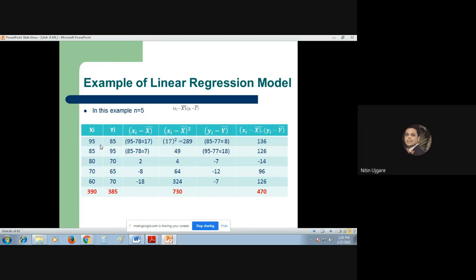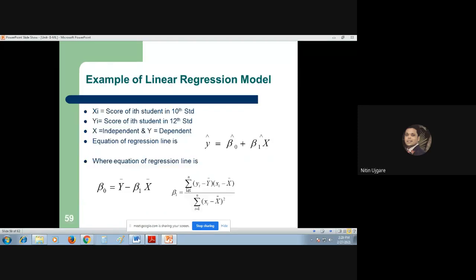Again, 85 minus 78 is 7. Similarly we get 2, minus 8, minus 18. Once you get these values, take the square of each: 17 squared is 289, 7 squared is 49, 2 squared is 4, minus 8 squared is 64, minus 18 squared is 324, and so on, because we need this value.